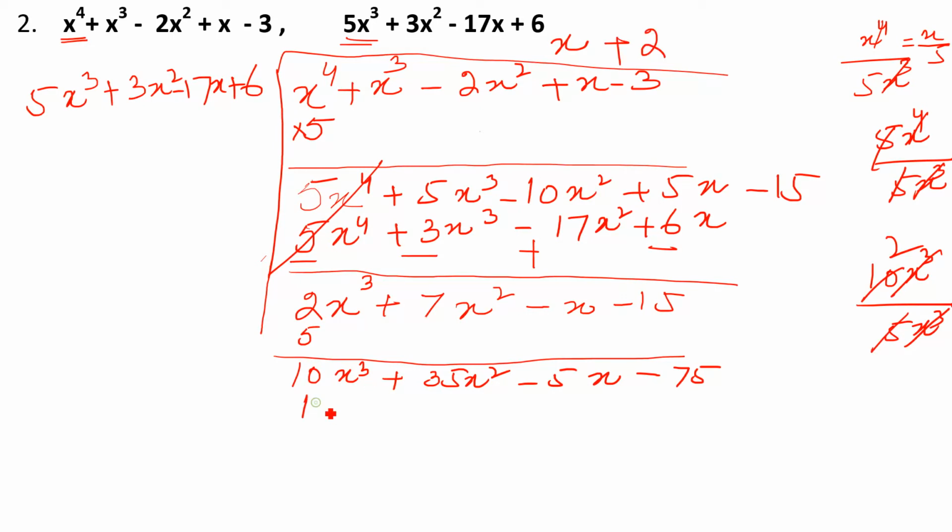So multiply with 2: plus 6x square minus 34x plus 12. Change the sign.